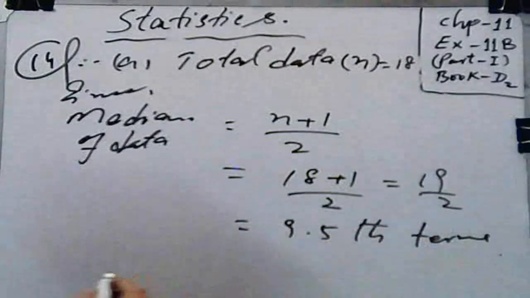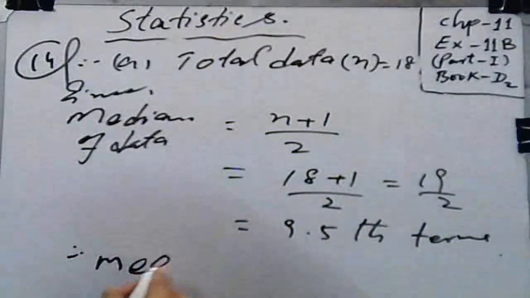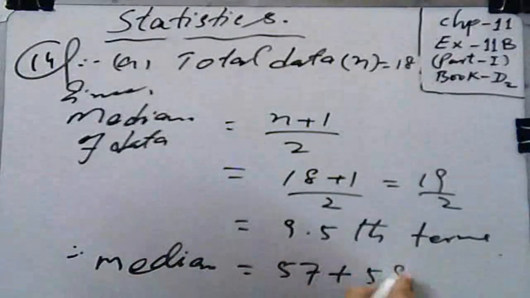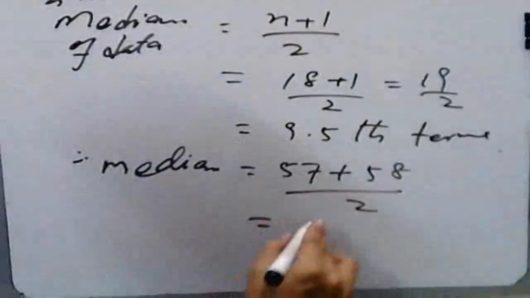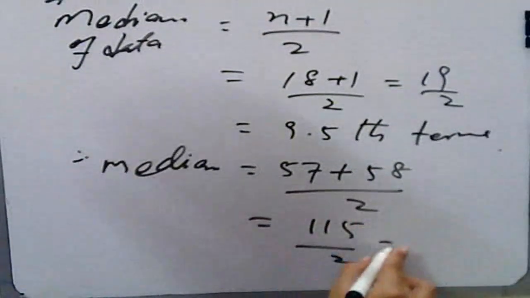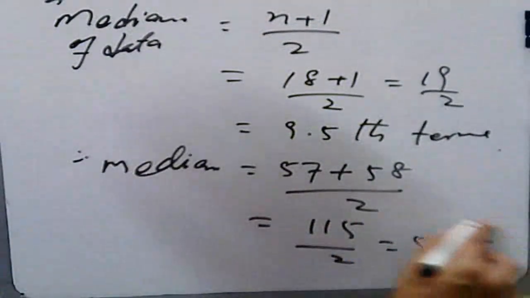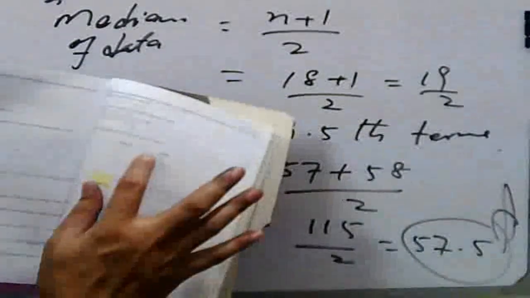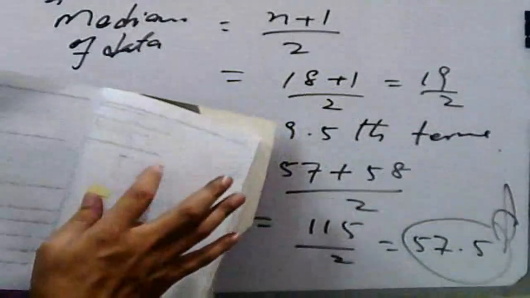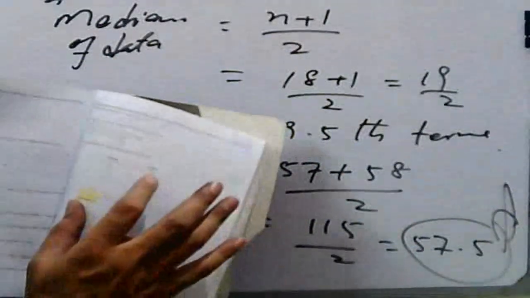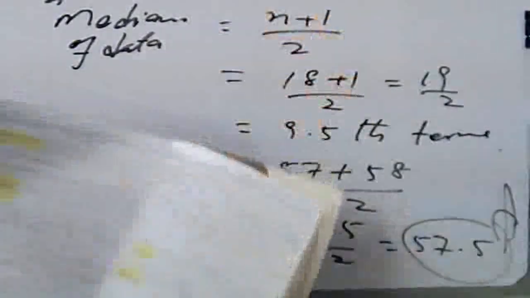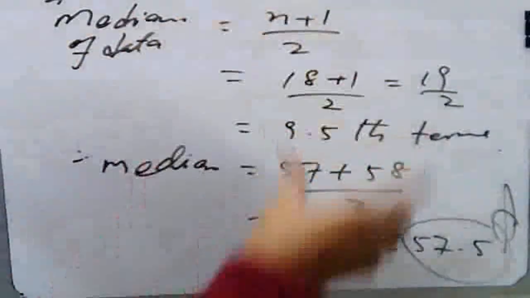So it means the median will be equal to 57 plus 58 divided by 2, 115 by 2. So 57.5 is your required median in the given data. If you see your textbook in this question, this methodology has been discussed earlier: you have to count the number of terms. So that is 18, and that's why the median is 57.5.